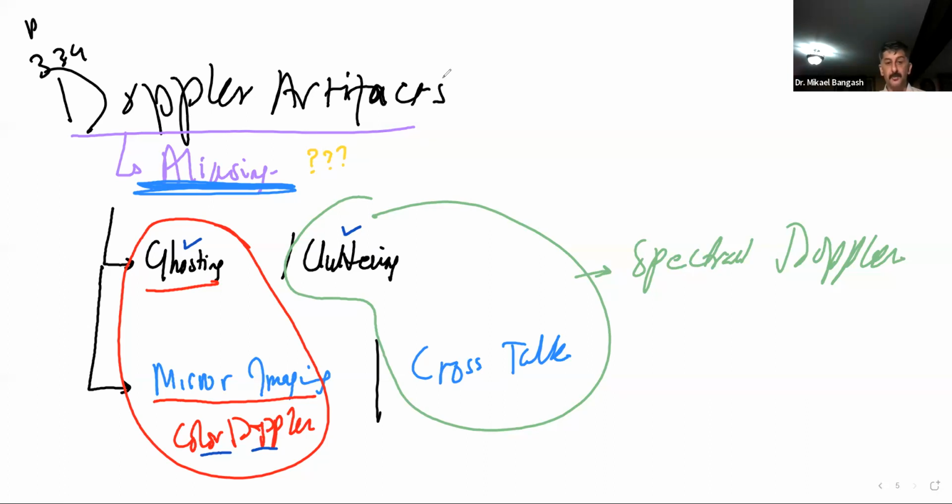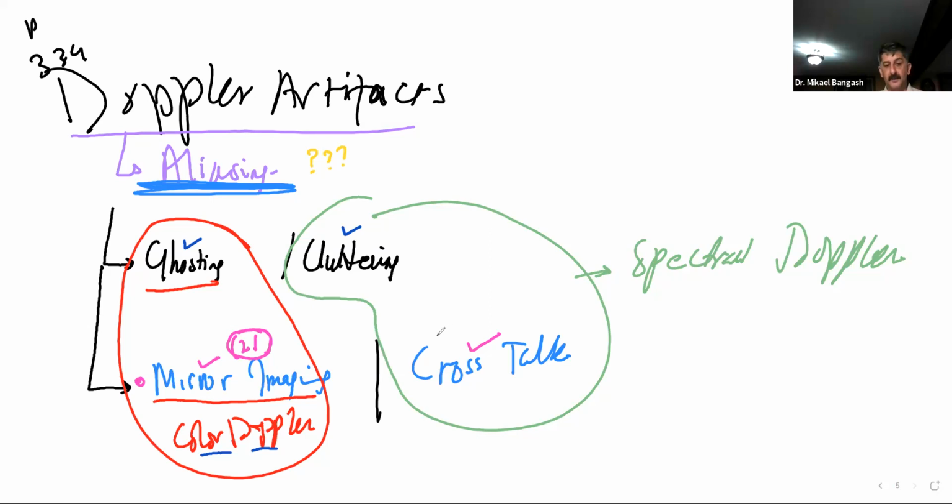Likewise, if we use color Doppler, the artifact that we may have is going to be called mirror imaging. But in a spectral Doppler, that same artifact will be called crosstalk. Now practically, ladies, mirror imaging is an artifact that we will also talk about in more detail in chapter 21, but I'm just going to briefly mention it here.